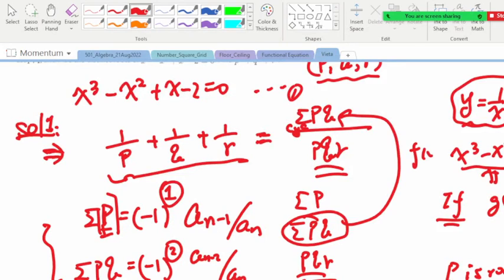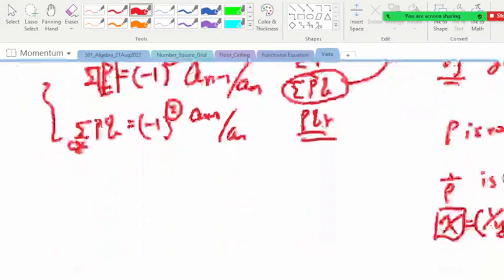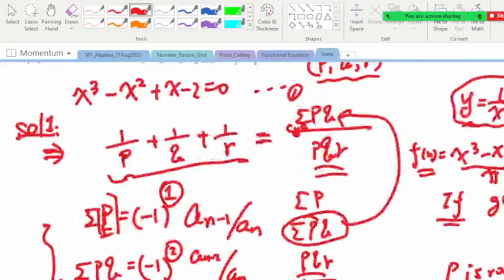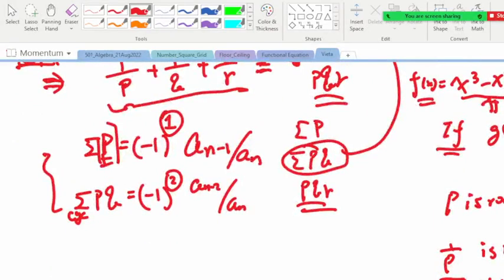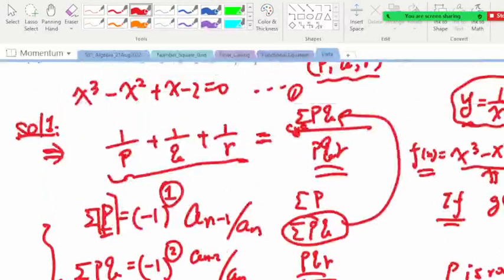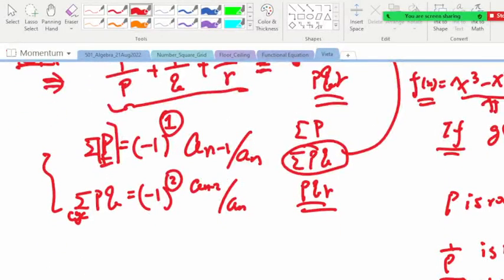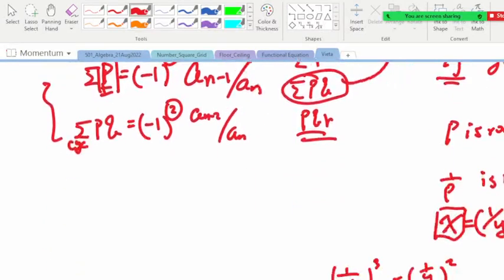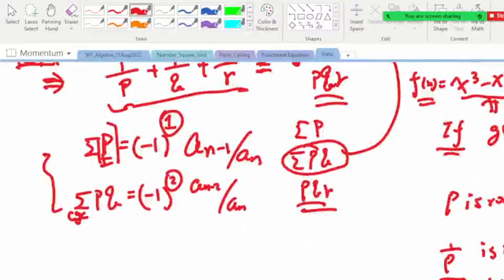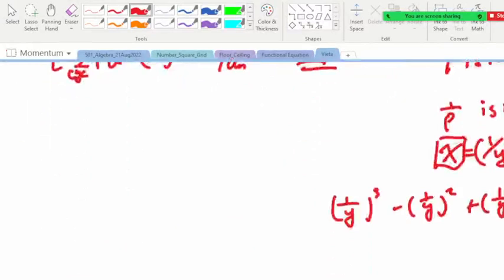We know x is 1 over y, right? So then we apply here, it will be 1 over y cubed minus 1 over y squared plus 1 over y minus 2 equals 0, right? So we're converting: if p is a root of here, then 1 over p is a root of g(y).